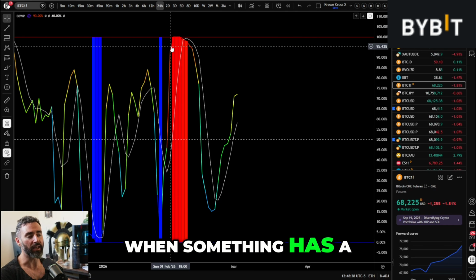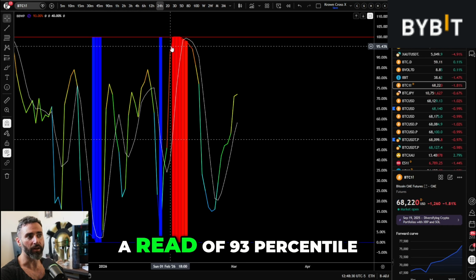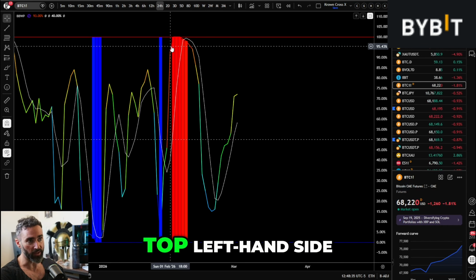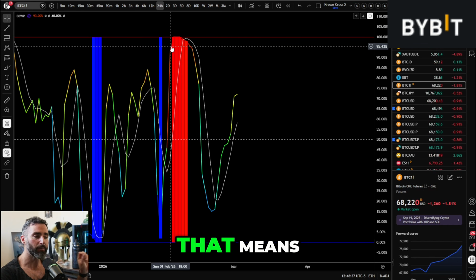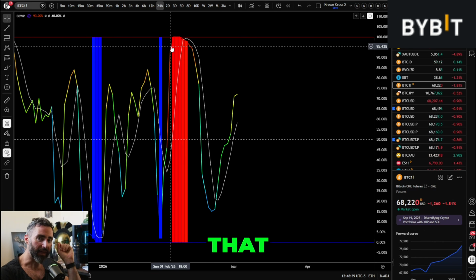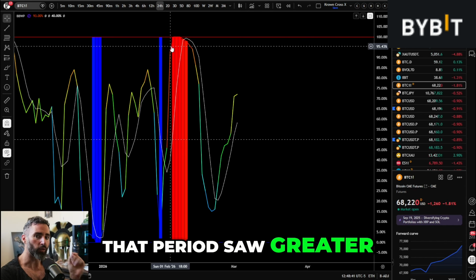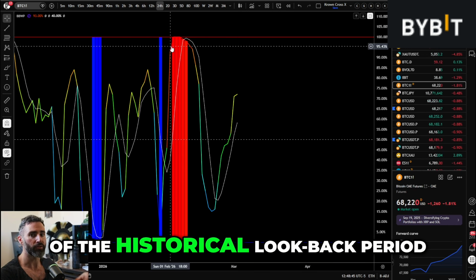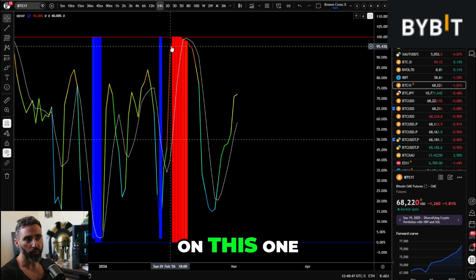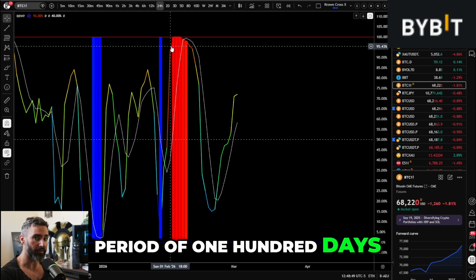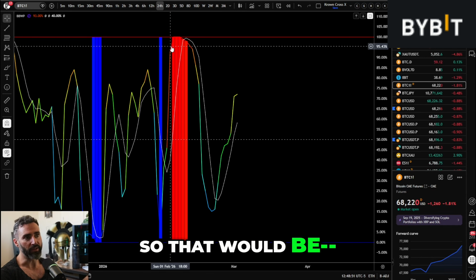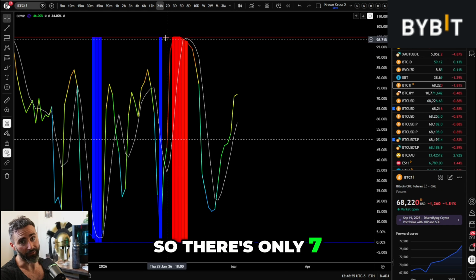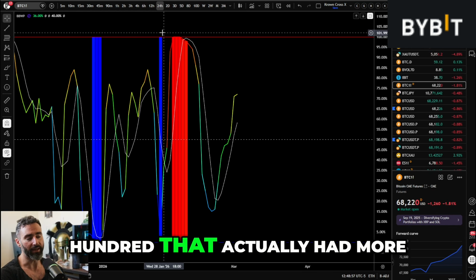When something has a read of 93 percentile, which you can see right here on this current bar, top left-hand side, that means that period saw greater volatility than 93% of the historical look back period. On this one, I have a look back period of 100 days. So it basically has more volatility than 93% of the look back. There's only 7 days in the past 100 that actually had more.